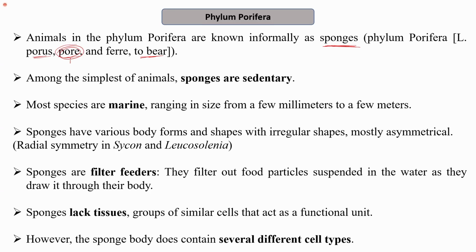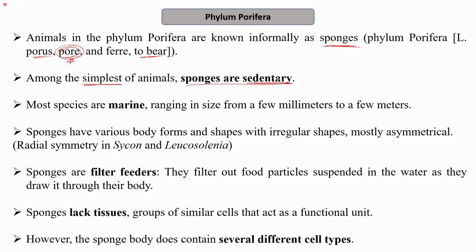These pores play a very important role in the overall functioning of the poriferans as well, which we will see. This phylum consists of the simplest animals, the simplest animal group. Sponges are sedentary.